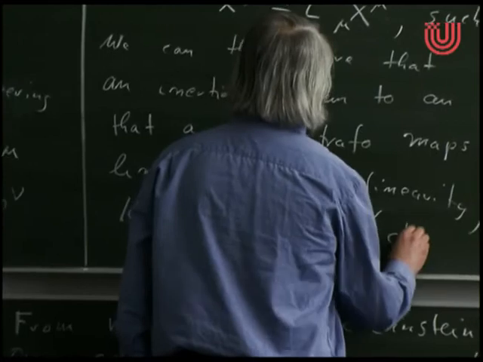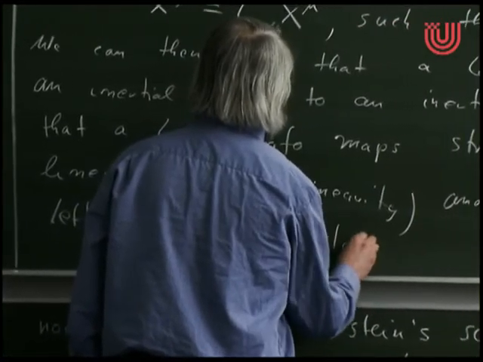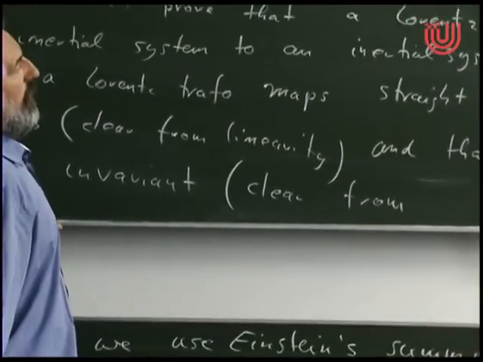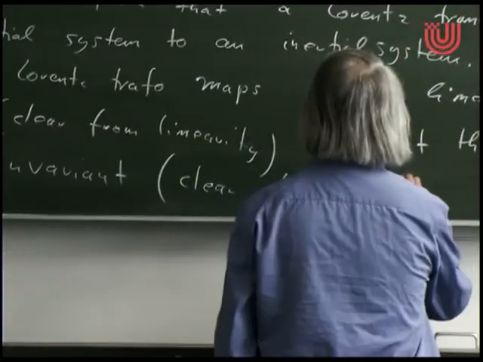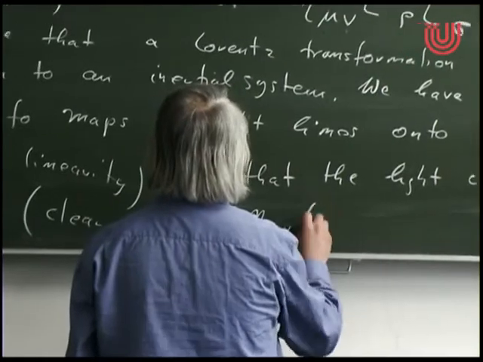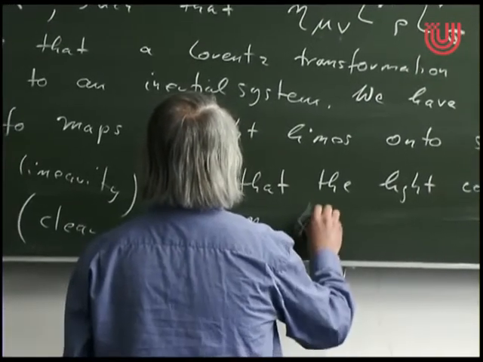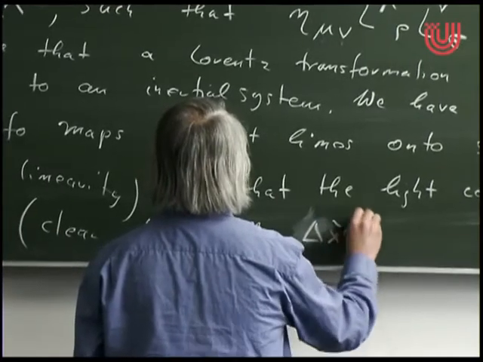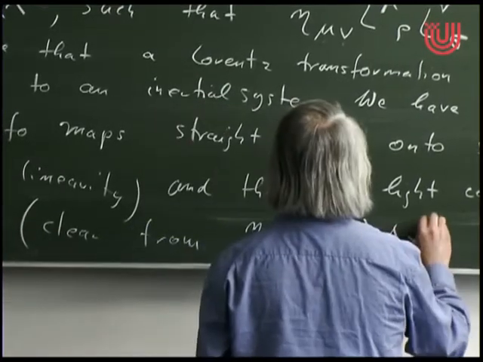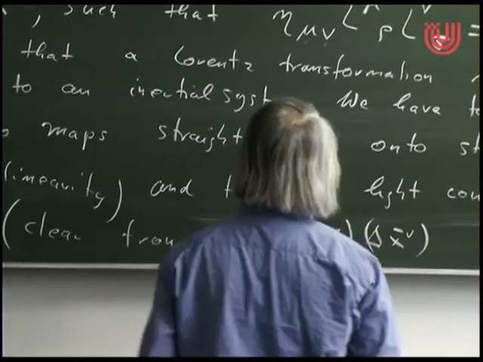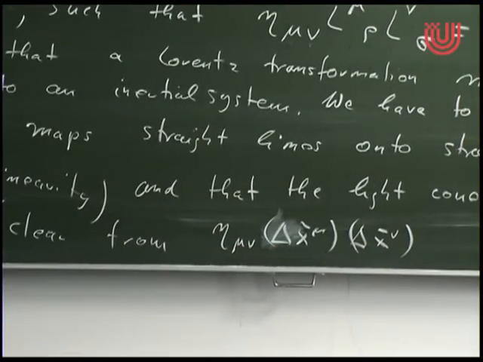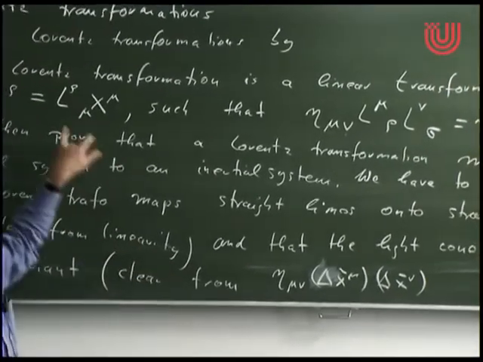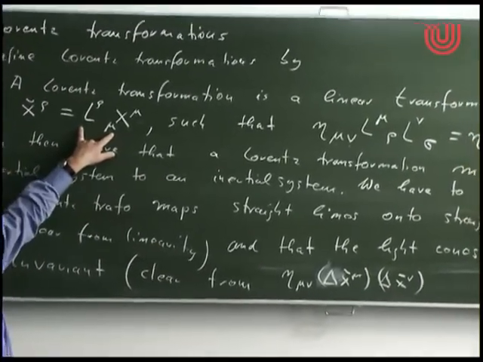And again, this is clear from what? If I write eta mu nu, well, actually I should write it with differences. So let me just put it this way. If my x mu's are constructed in this way, then of course I can draw the L out of the difference sign, right?